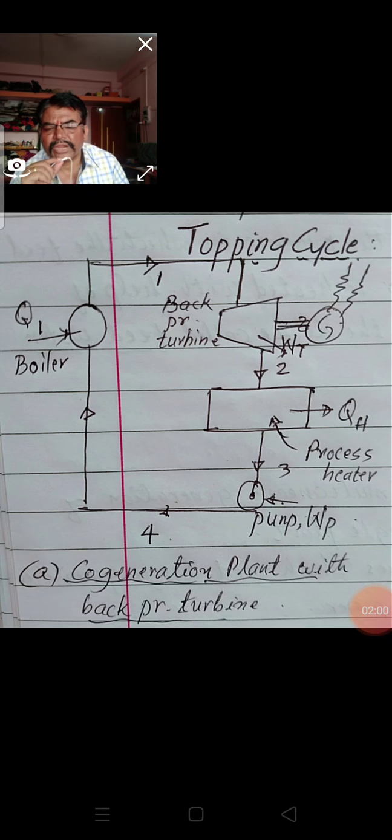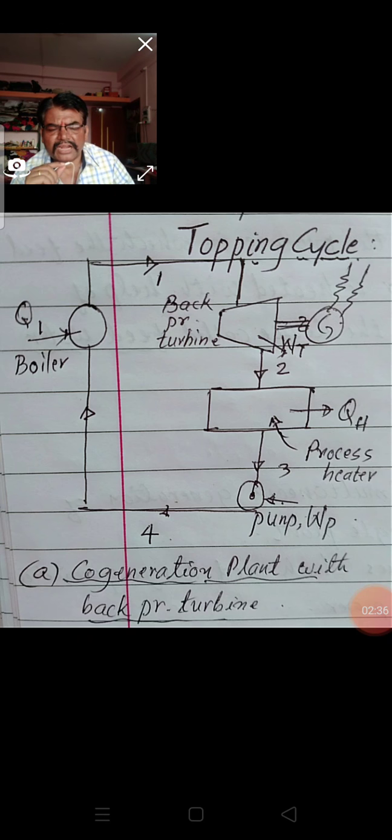So we get generation of high pressure steam as well as electricity, and that is the concept of cogeneration. The process steam at low pressure and low temperature is then taken from the turbine as per the process requirement.